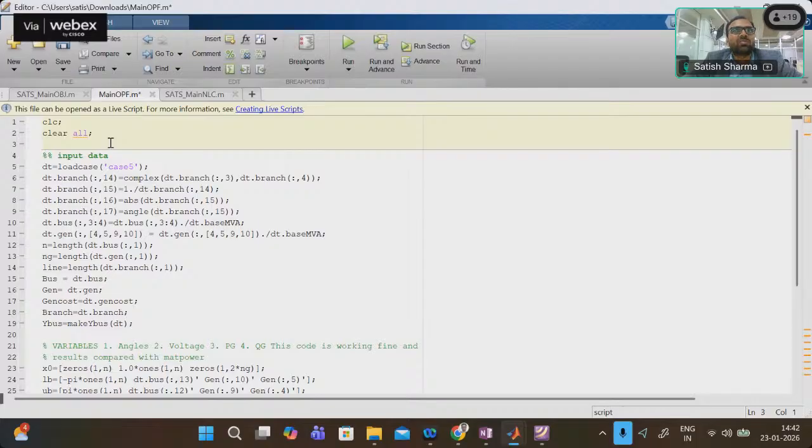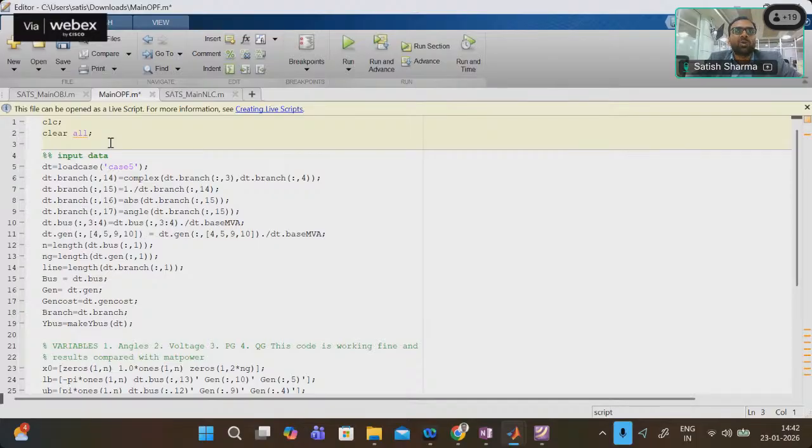On-off status is basically whether the line is on or off. So I'm assuming if a line is off, it means it is disconnected, so we don't have that line in our model. But you can include them, that will be problem specific.